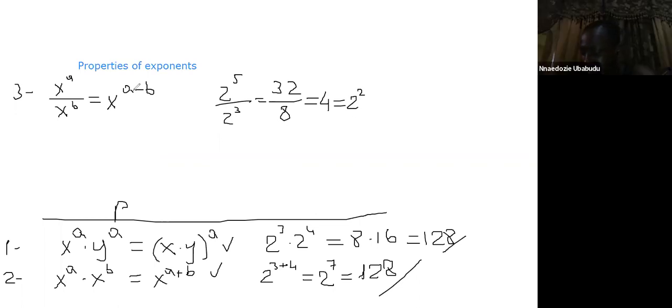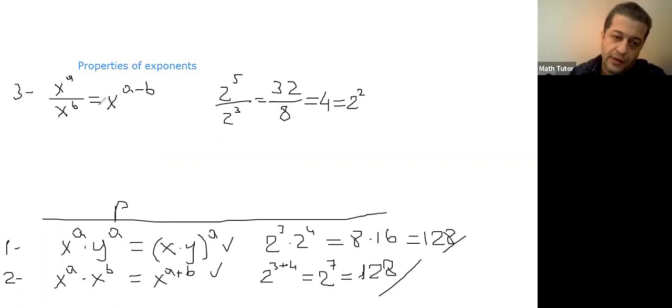Now, if we solve this exercise by using property number 3, we have x at power 5 minus 3. X here is represented by the number 2. So 2 at power 5 minus 3.